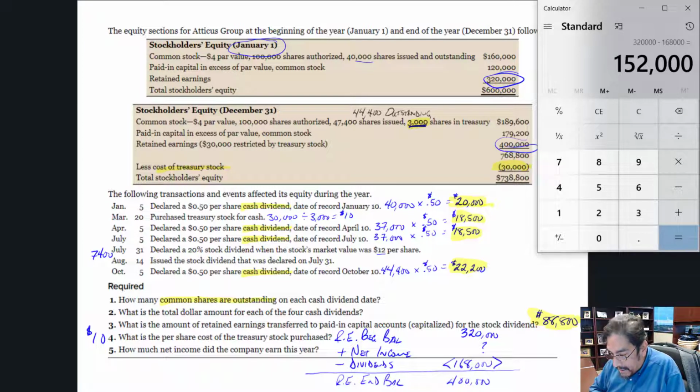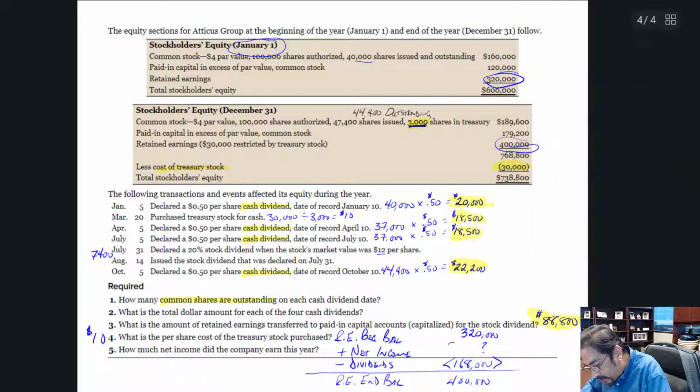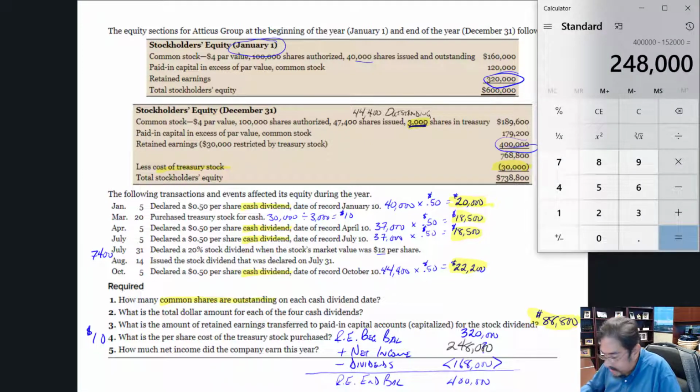So our net income is whatever amount moves us from 152 up to 400. So I'm going to find the difference between 400 and 152. $248,000. So I think this is $248,000. Let's do the math and see if it works.